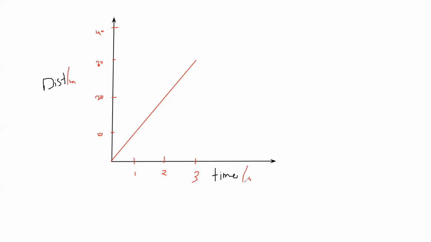Distance is in meters and time is in seconds. The first question is: explain the motion of the object. Explaining the motion of an object means describing what is happening to the object, how it is moving: accelerating, decelerating, at rest, or moving with a constant speed. So what is the motion of this object? This object is moving with a constant speed, that's right.